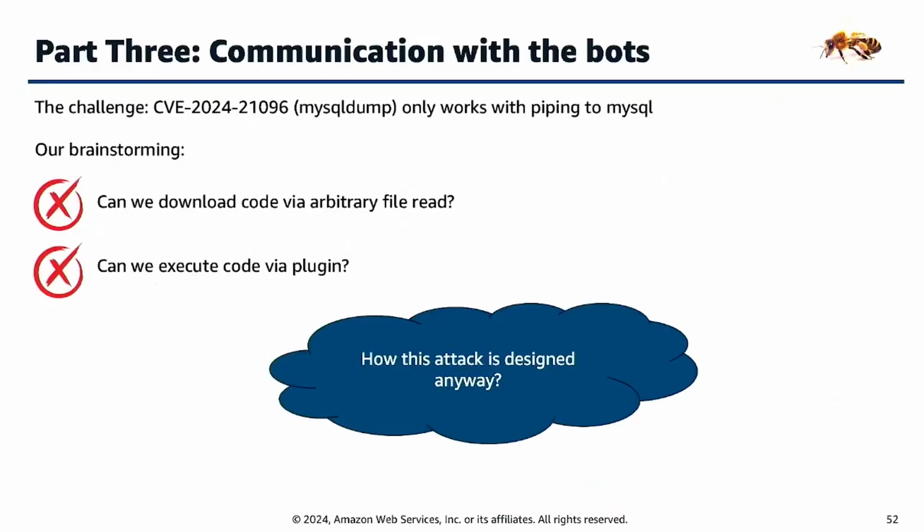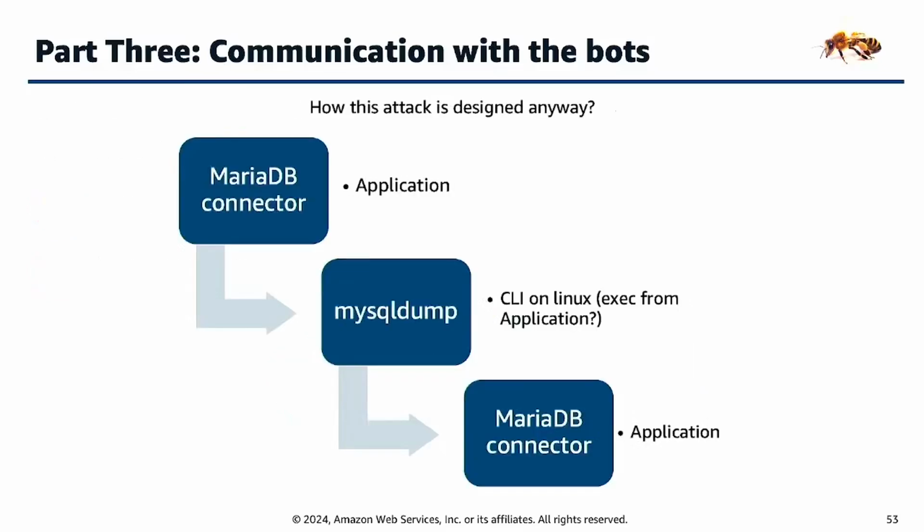And then we were thinking, can we download the code with the arbitrary file read? No. Can we execute code with a plugin? But then we started thinking, how is this attack designed anyway? So we came up with this potential diagram of how this could have been done. There should be some application running somewhere.